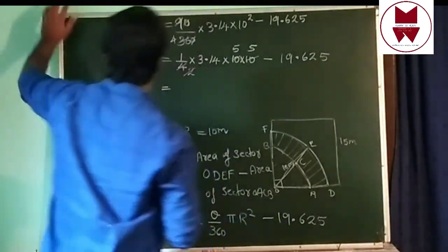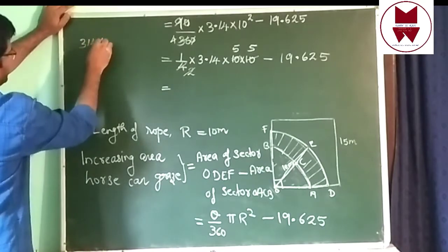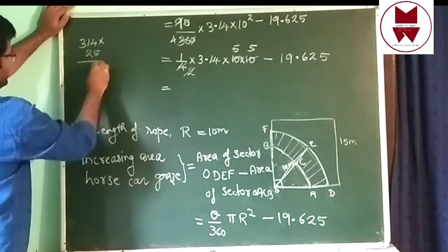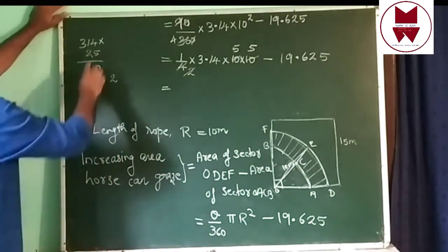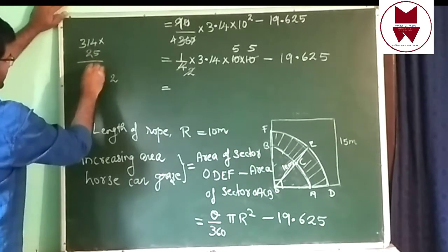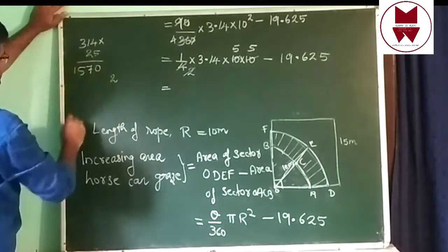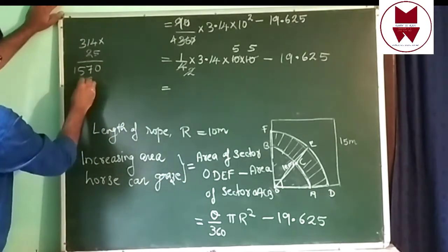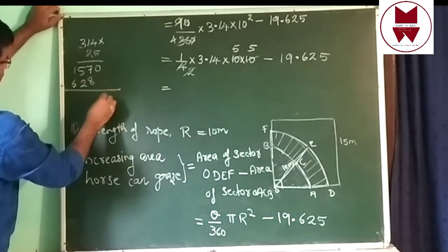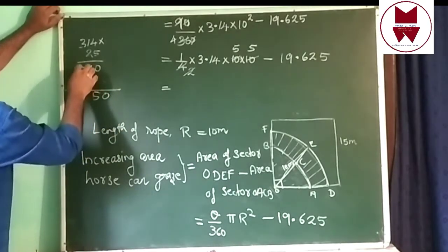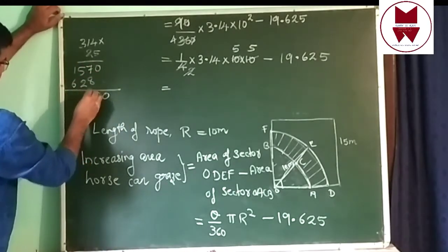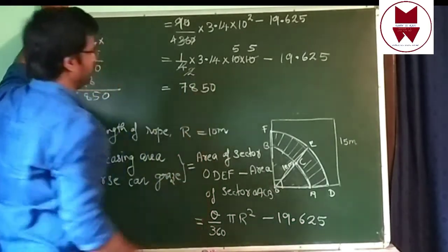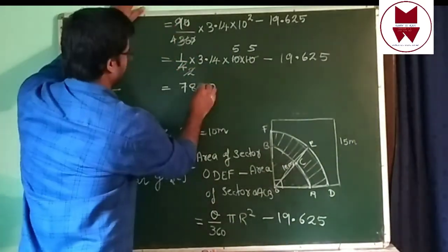You can multiply 314 into 5 into 5, 25. 5 into 4, 20, remainder 2. 5 into 1, 5 plus 2, 7. 15. 2 into 4, 8. 2 into 1, 2. 2 into 3, 6. 0. 15. 5 plus 2, 7 plus 1, 8. That's 7, 7, 8, 5, 0. Then after the point, 2 numbers.